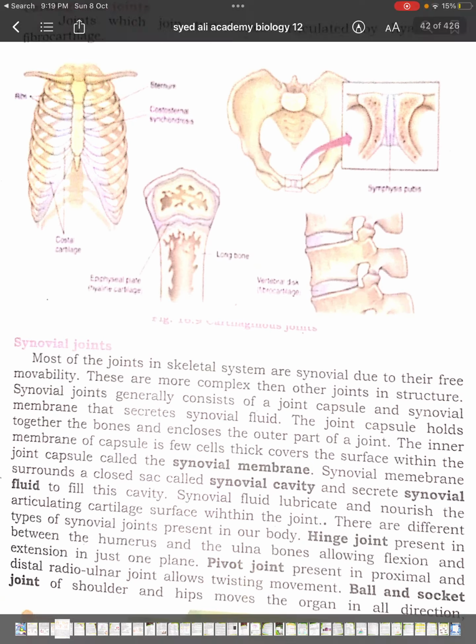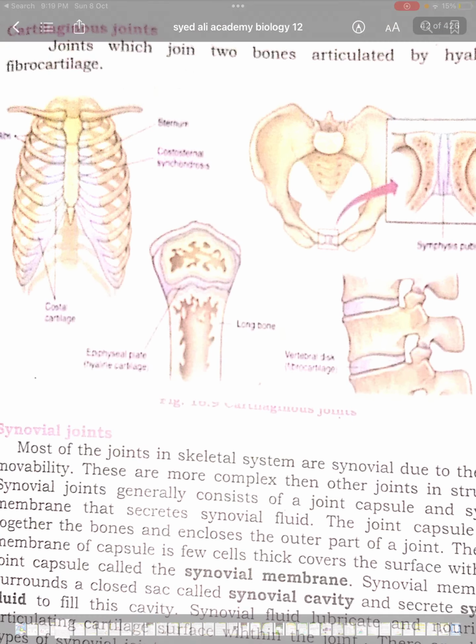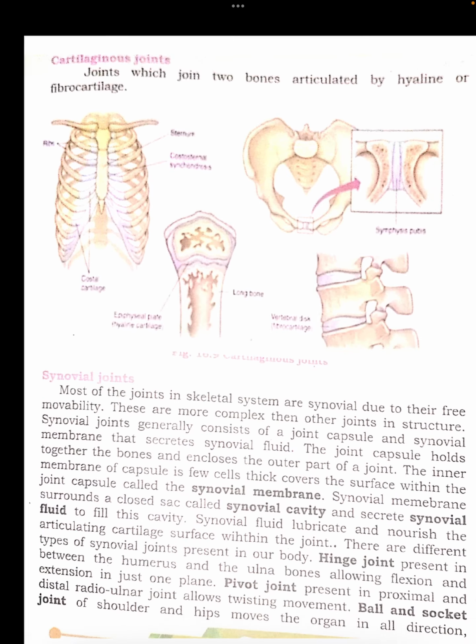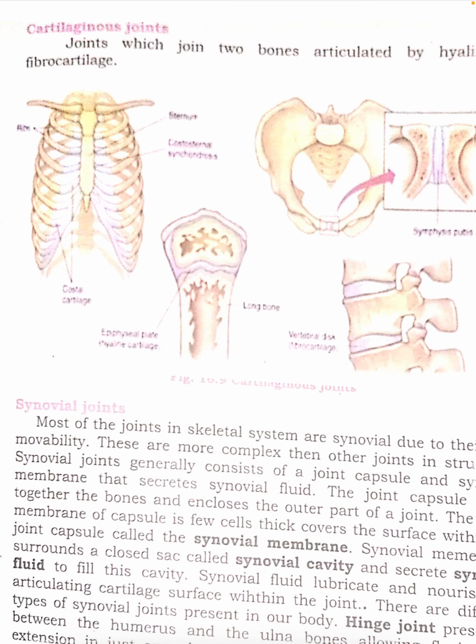Next, let's talk about the cartilaginous joint. These are joints which join two bones articulated by hyaline cartilage or fibrocartilage. Here we have hyaline cartilage, and we have white fibrous cartilage over here.